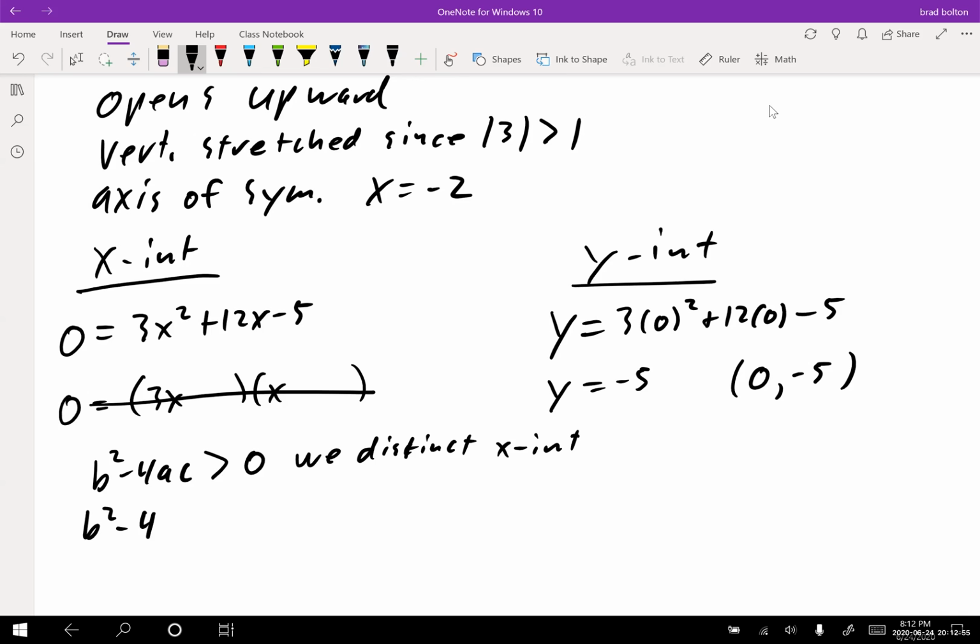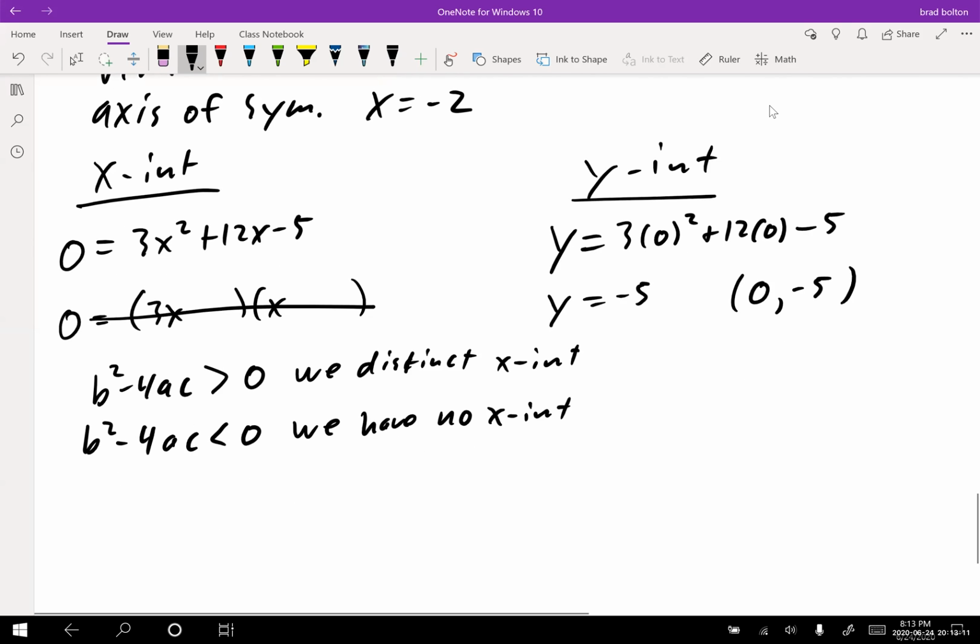If b squared minus 4ac is less than 0, then we have no x-intercepts. And if b squared minus 4ac equals 0, we have one x-intercept. It bounces off the x-axis.